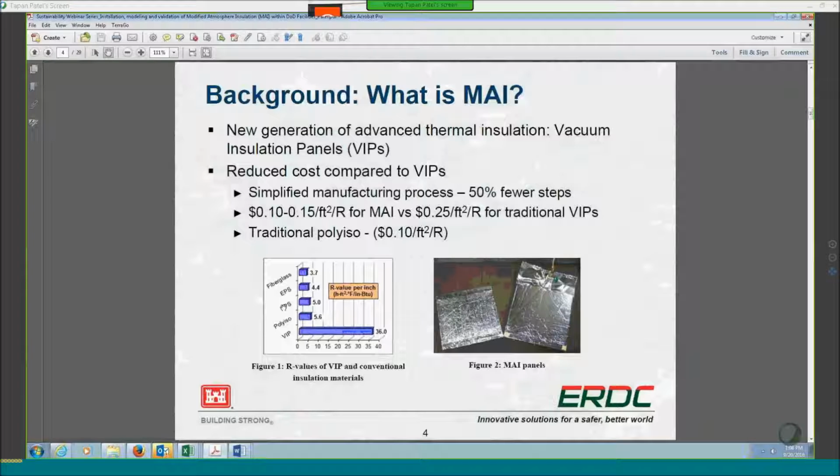So in order for us to think about implementing these panels, obviously it has to make some kind of economic sense, and this is a step in the right direction. I will mention here that even though MAI is projected to be cheaper than traditional VIPs, it is still a little more expensive than polyiso on a per square foot per R value basis. So there is still some room for improvement, but again, this is a step in the right direction.